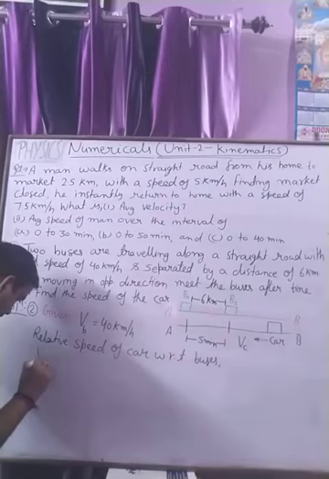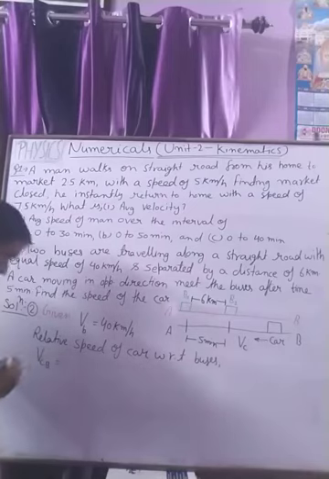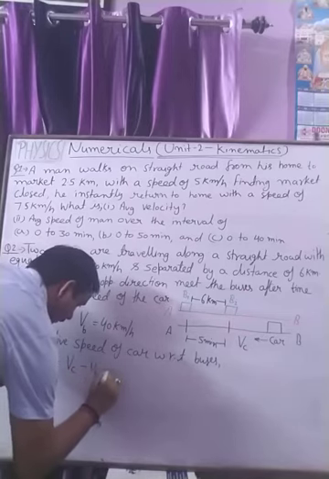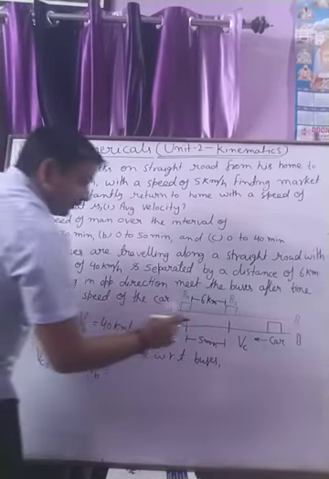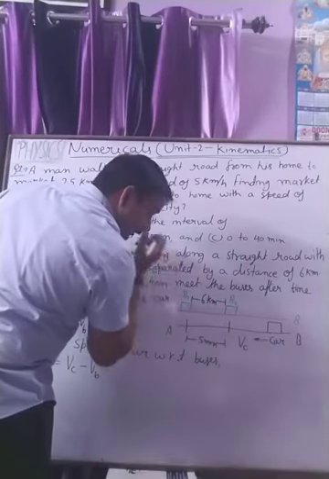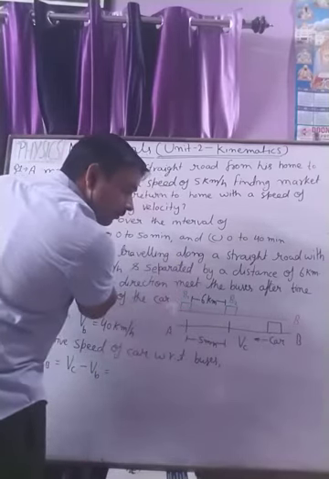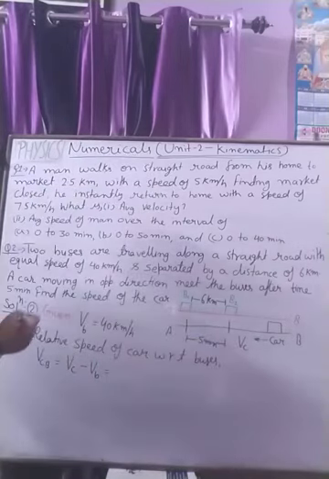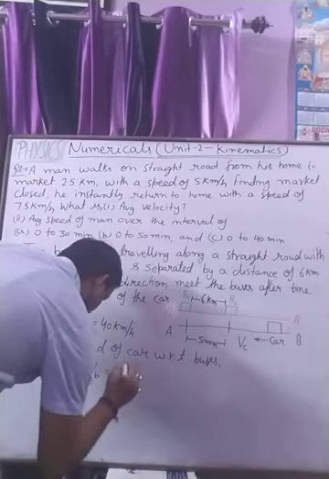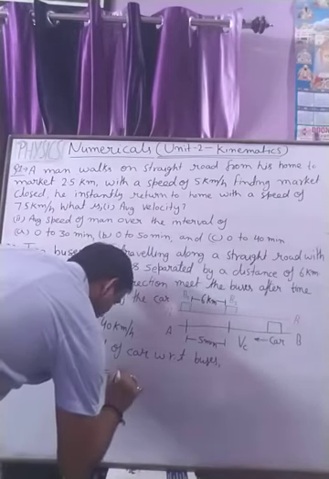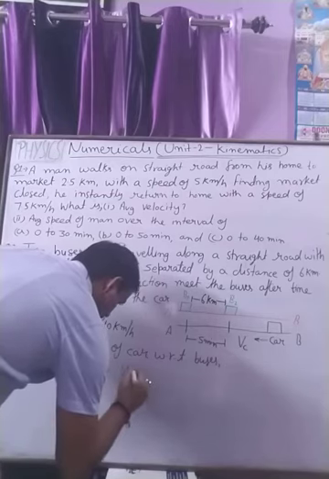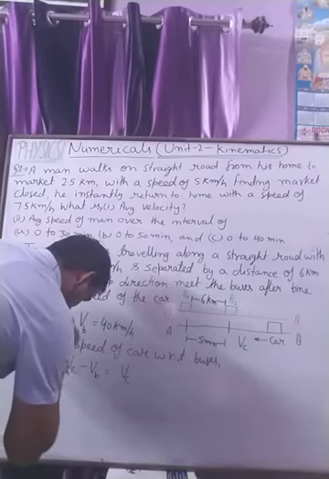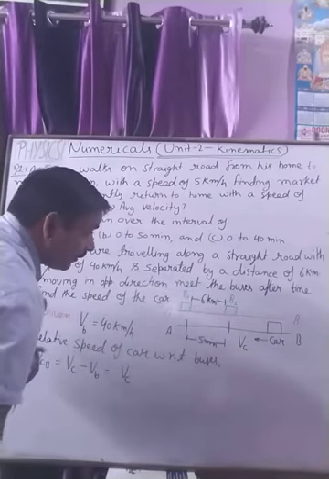Okay, we say VCB, that is VC minus VB, and we have to calculate this. The bus is moving opposite to the car, so we can say VC in the opposite direction.